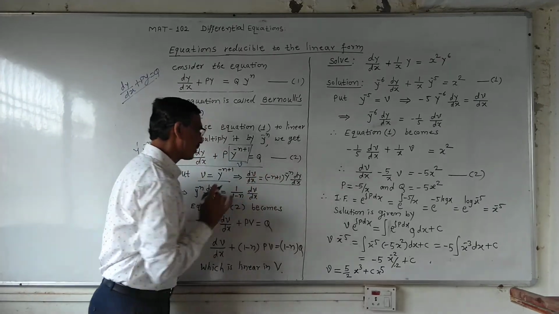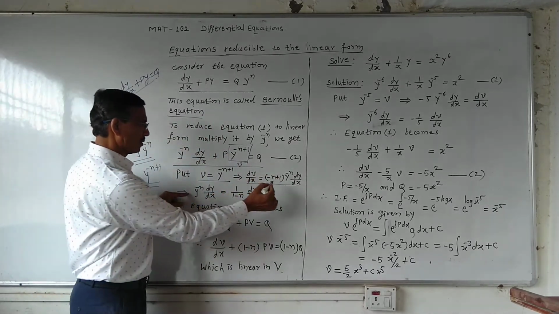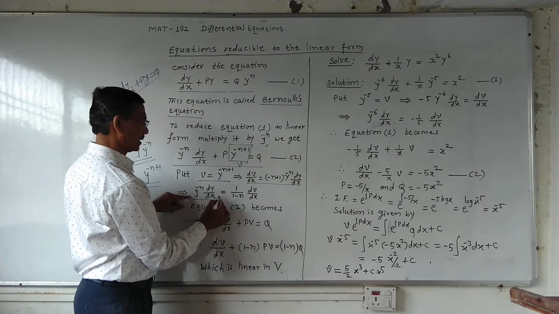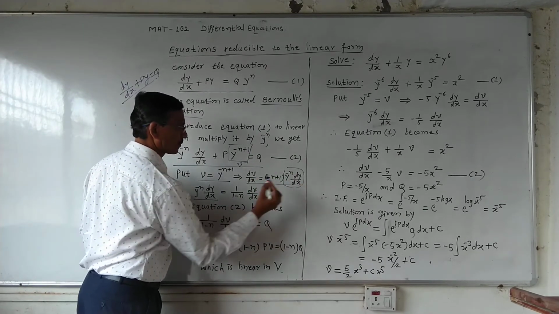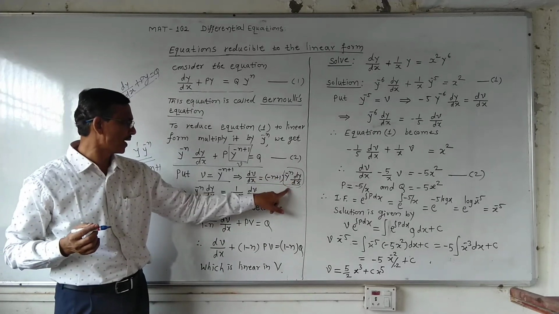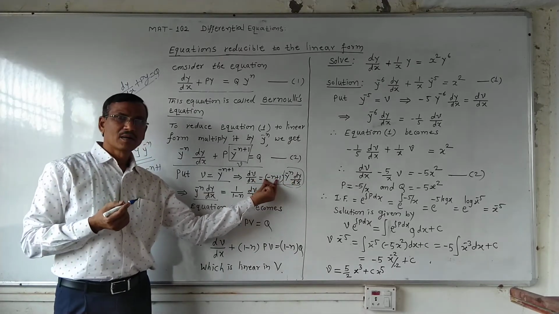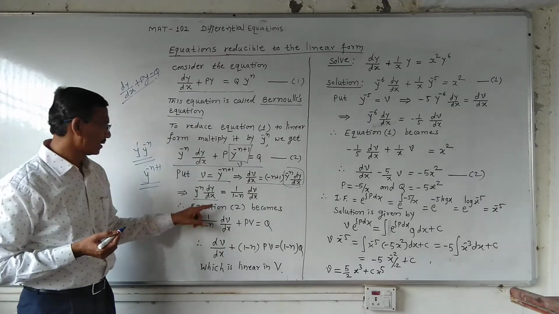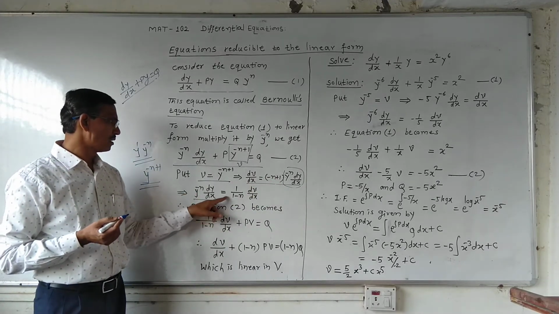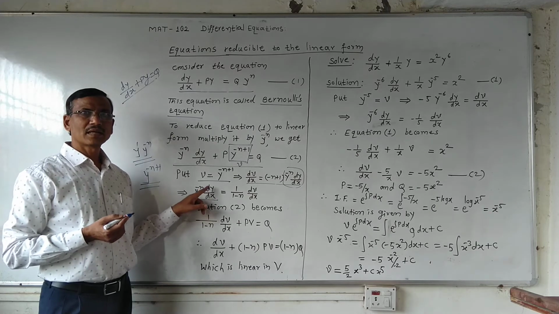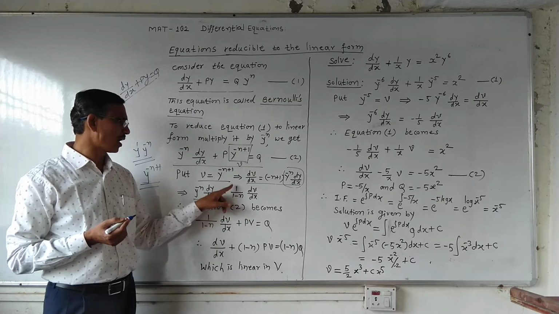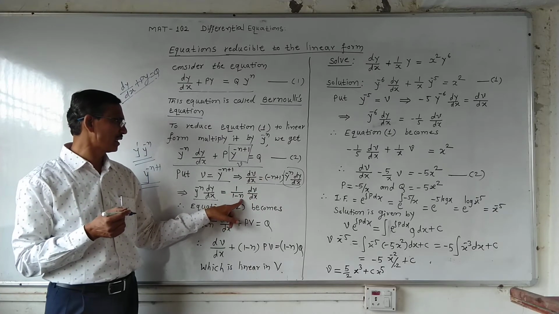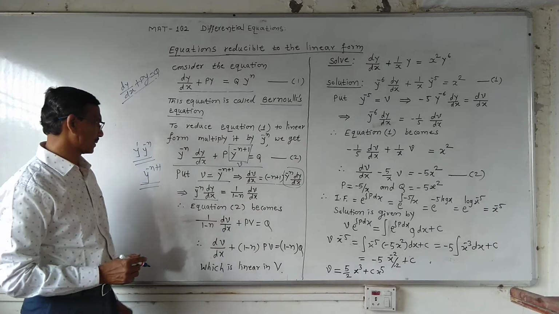Now this equation further can be written as the value of y raised to minus n dy by dx; we have to divide by minus n plus 1. Therefore y raised to minus n dy by dx is equal to 1 upon 1 minus n dv by dx.